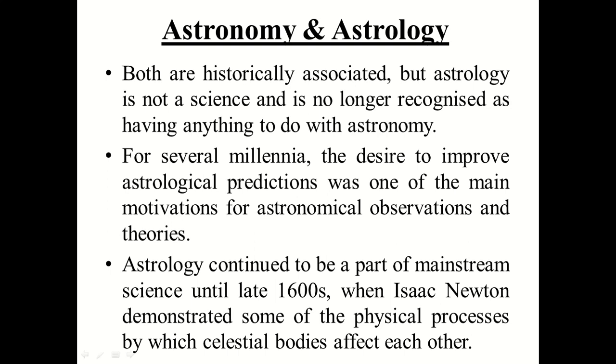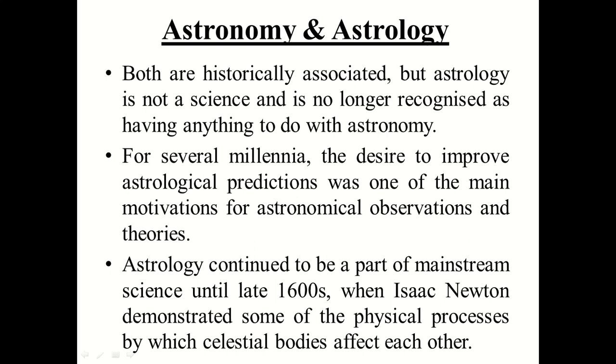For several millennia, up to the 1500s, the desire to improve astrological predictions was one of the main motivations for astronomical observations and theories. Actually, astrology is the thing that tries to correlate the different astronomical phenomena to life on earth.